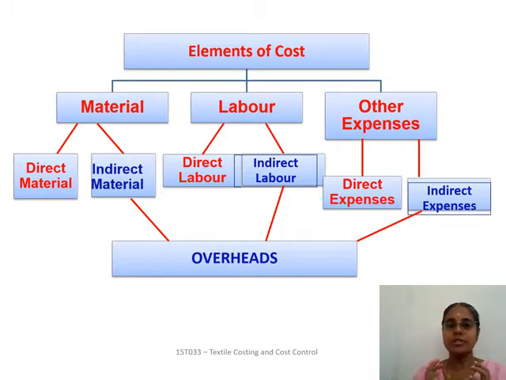You cannot divide it by count, saying for 40 count this much lighting was used. You have it as a common cost, but further you have to divide it. So the overheads are like a common pool, and you have to have some base for dividing this and allocating it for the various products produced or various processes that are involved.